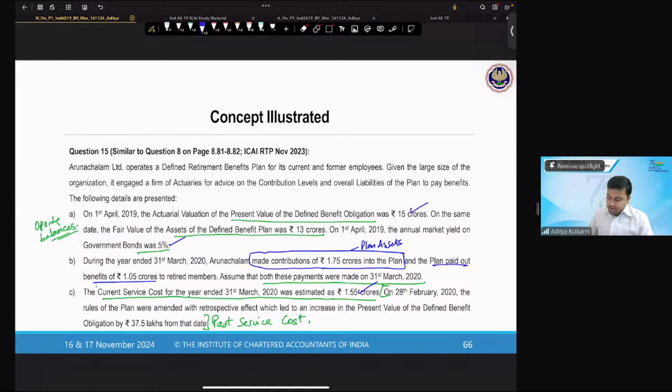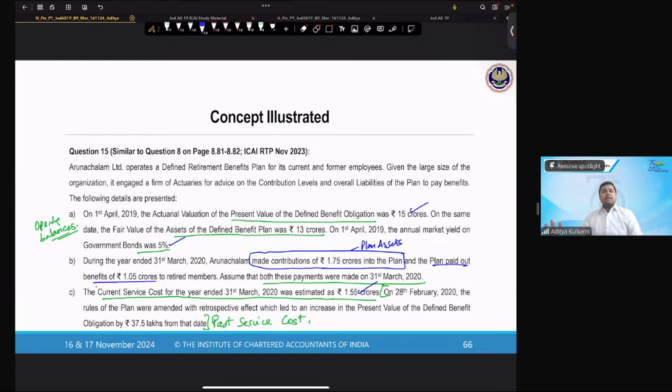On 28th February, the rules of the plan were amended with retrospective effect, which led to an increase in the present value of the defined benefit obligation by 37.5 lakhs from that date. What do I do with this 37.5 lakhs?